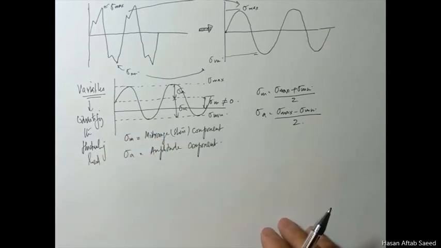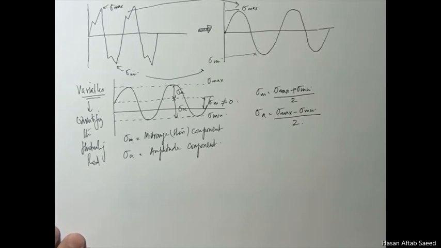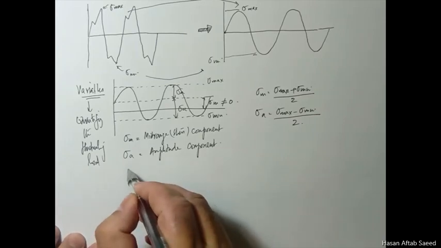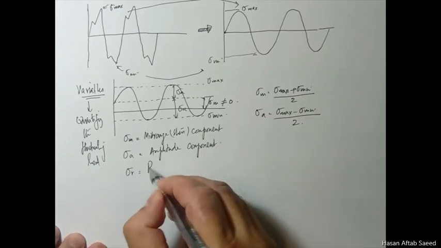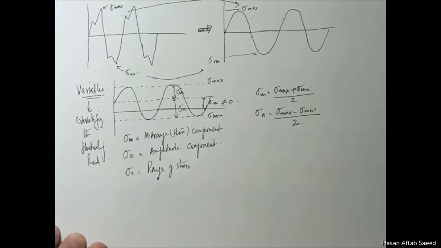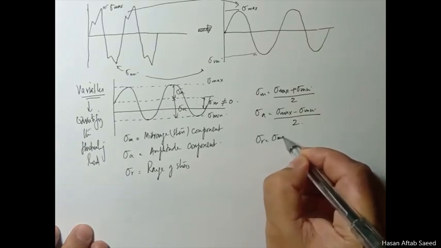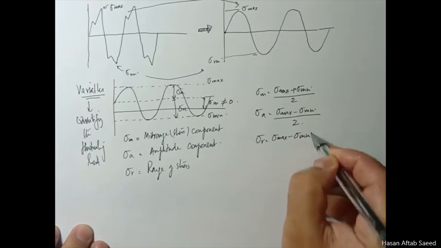If you get a non-fully reversed stress situation, you want to quantify it so that we can then analyze or design based on that. Now, the next thing is range of stress. Now, range of stress is nothing but sigma max minus sigma min.